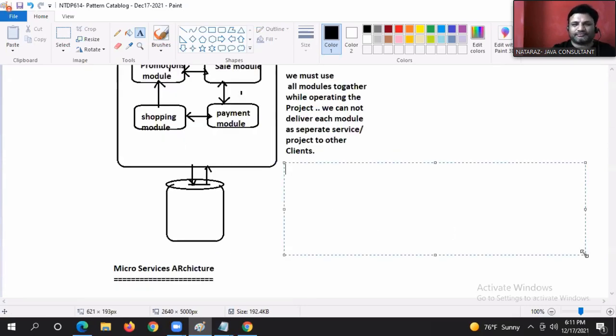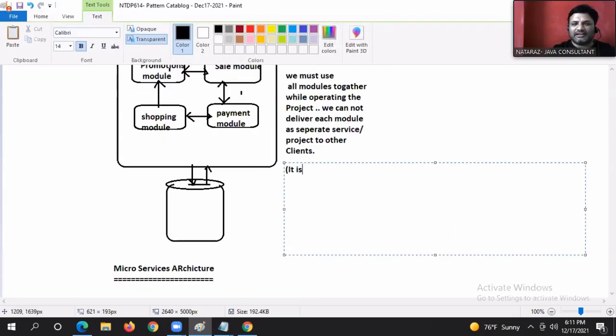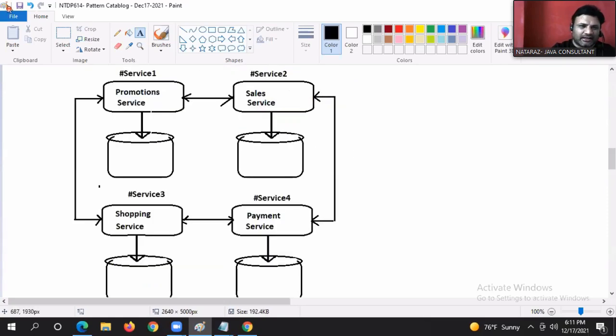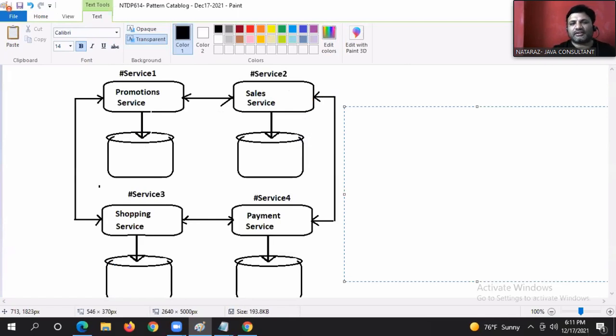Okay, guys. It is like the Java full stack course, only for knowledge sake, guys. Here, each service is an independent project or application.